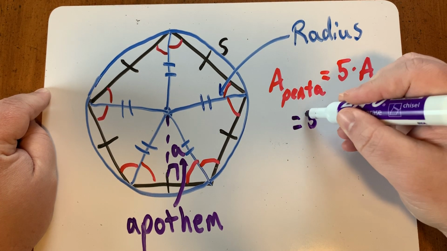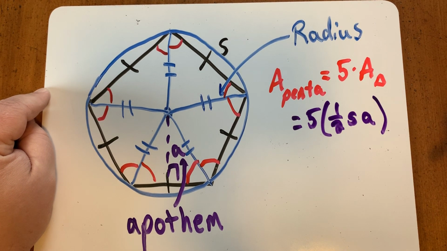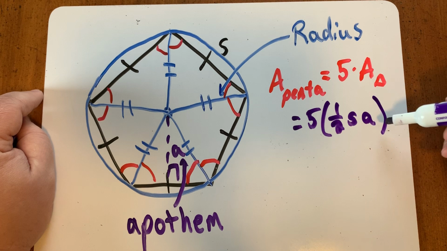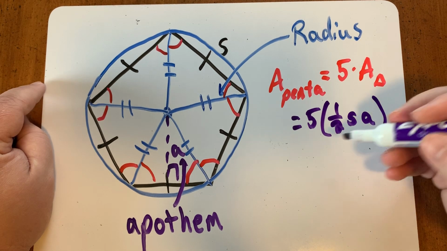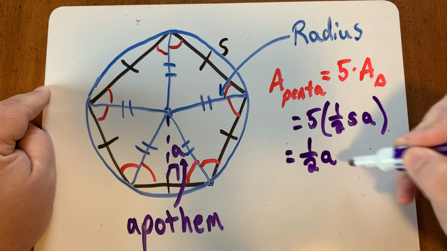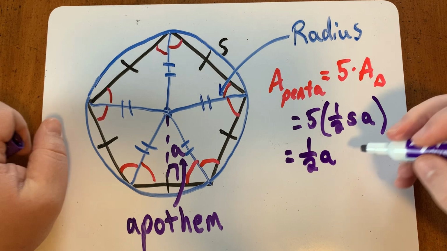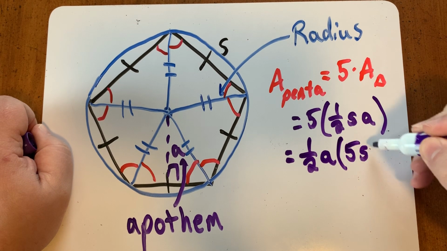Well, the area of the triangle is 1/2 times s times a. Well, this is all just multiplication. So I'm going to move some things around, since multiplication is commutative and associative. So 1/2 times a, and I'm going to group the 5 and the s together.